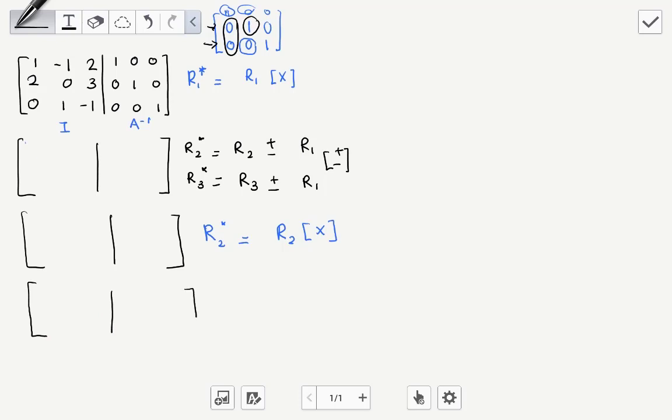The involved operation is on row 1 and row 3. We're going to take row 1 and row 3, and either add or subtract with the row that you did operation on before, which is row 2. So this is always permanent.